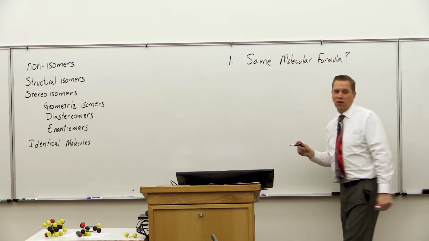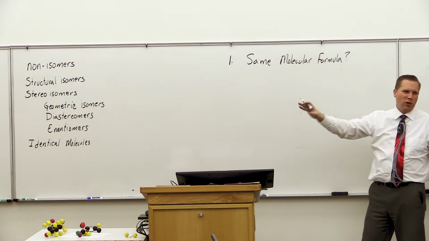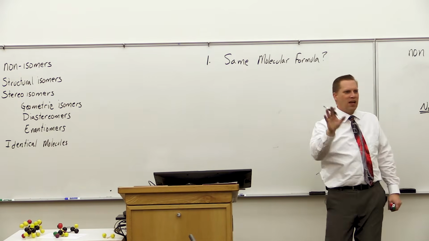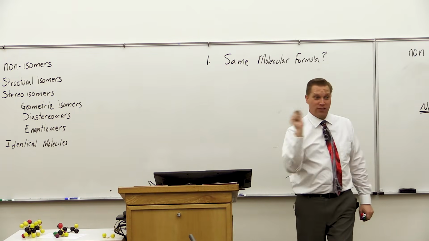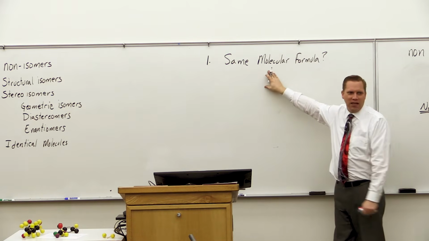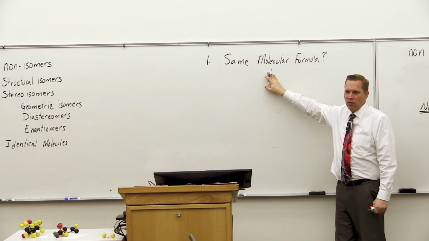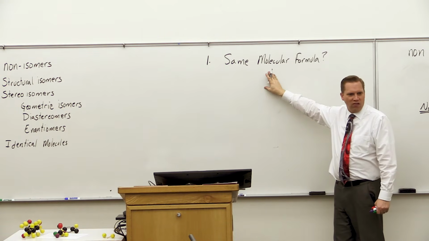That's the first question. A lot of students will want to skip this question. So they'll look at the pair of molecules, they'll see a double bond in it, they'll say, oh, I know, that's a geometric isomer, and they'll jump right to geometric isomer, when in fact they didn't even have the same number of carbon atoms. They just happen to have two double bonds. Okay? Don't forget this first step.